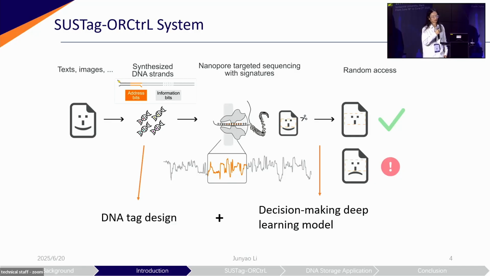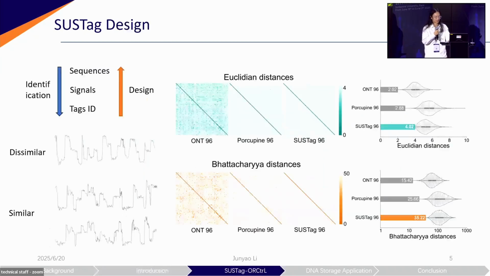We designed these tags from the ground up to be easily recognizable by the controller. Our controller is ORC, which stands for optional rejection CNN-LSTM with transfer learning. This is the brain of our system. It can analyze the raw signal and decide whether to accept or reject the DNA strand. Together, they form a complete solution for our goal of achieving accurate random access.